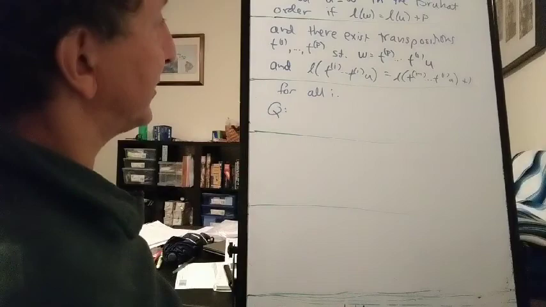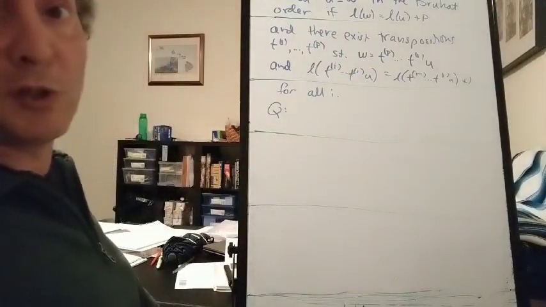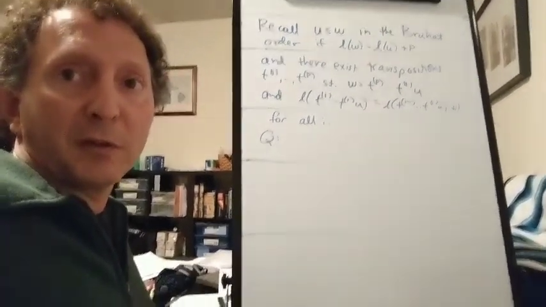So the question is, for multiplying by a transposition and going up by 1 each time, can these transpositions all be chosen to be adjacent transpositions?